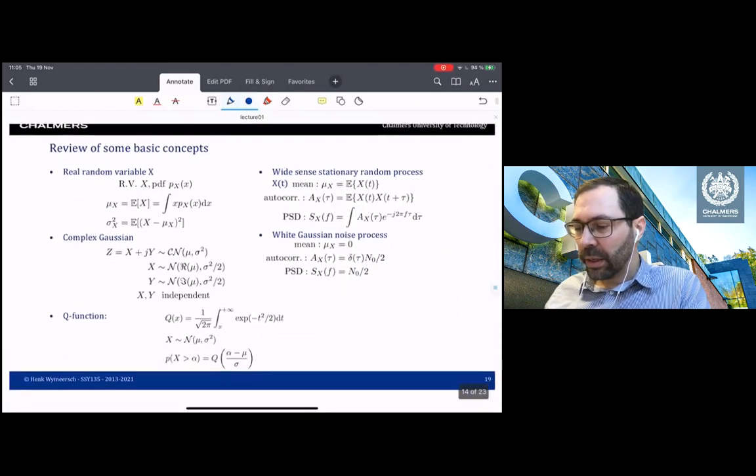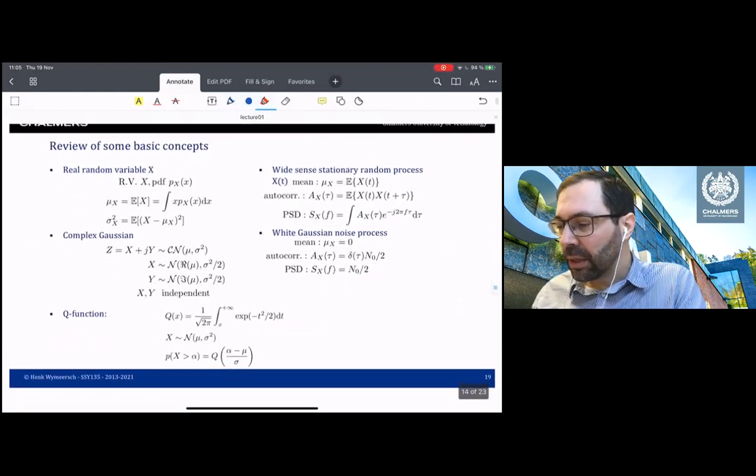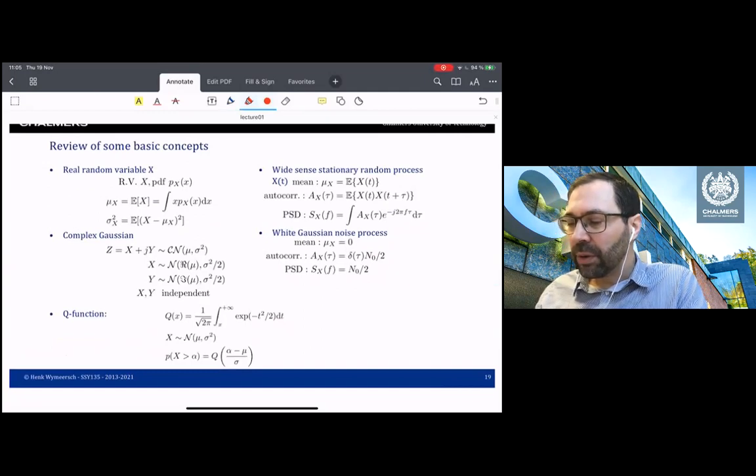Good. Some other basic concepts. We will use random variables, which have probability density functions or probability mass functions if they're discrete. We will often use moments. The first moment mathematically is given by this expression. We often write it with an expectation.